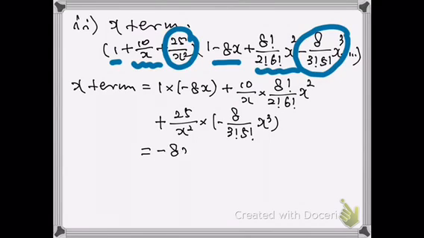So it will be negative 8x, and this one, cross out, 8 becomes 7. 5 times 8, 40, so 280x, and this one 25, you can work it out, minus whatever.